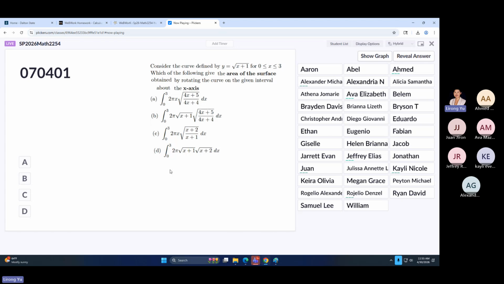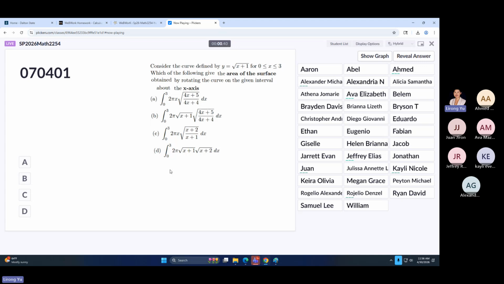We could even write an equation of the surface: revolving about the x-axis, it will be y squared plus z squared equal to x plus 1, since the radius is the y. But we're not writing the equation, we're calculating the surface area.